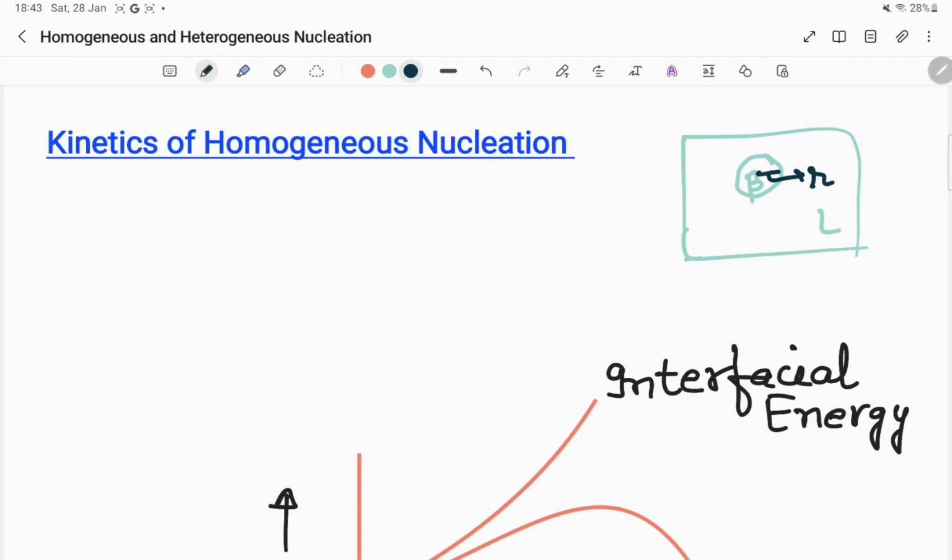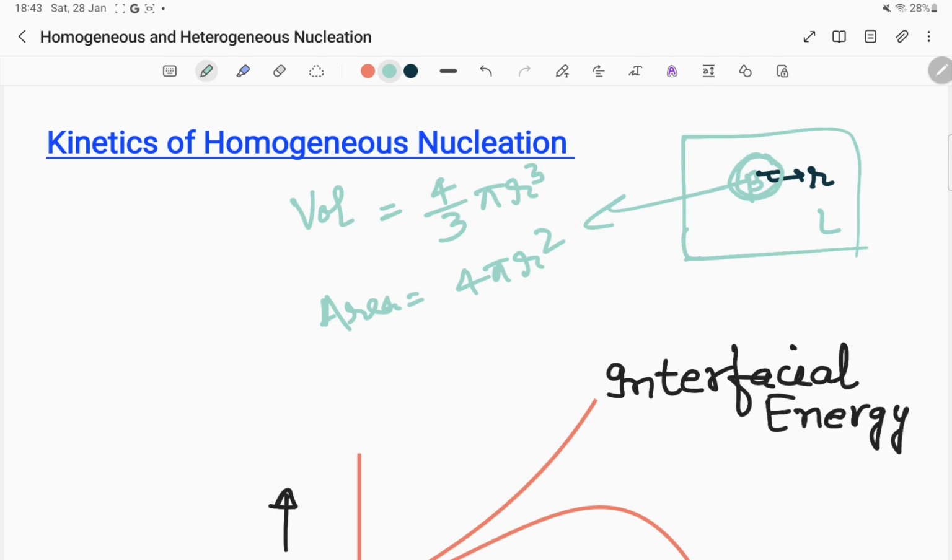So the volume of this beta is (4/3 pi r cube), and area will be 4 pi r square. So this is the interface. This is the interface between liquid and beta.